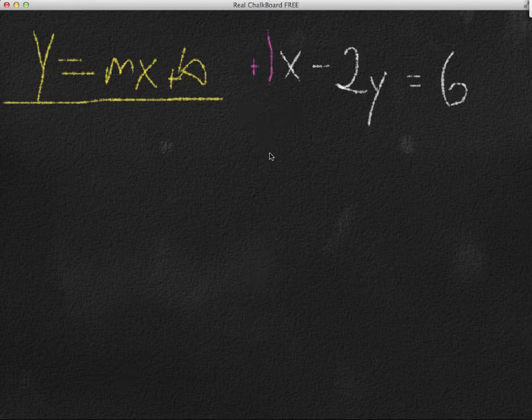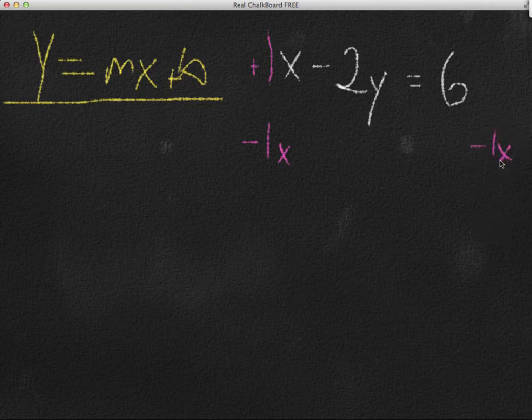So if I want to get this onto the other side, what I was saying earlier, I'll take a minus 1x and then a minus 1x on this side, right?